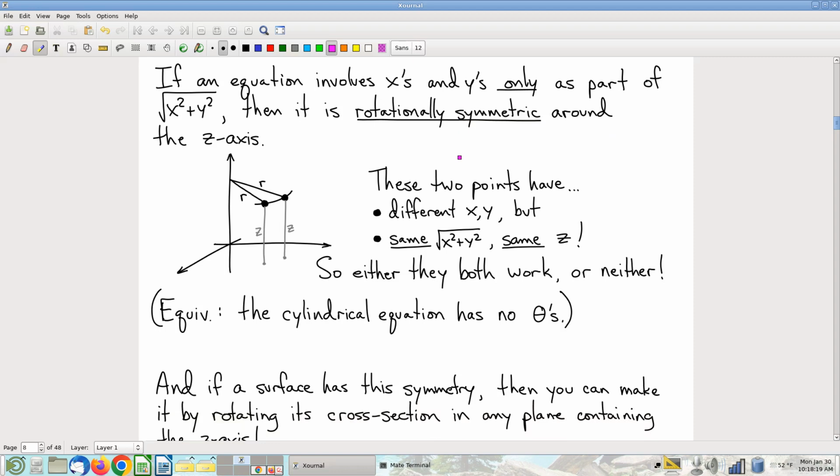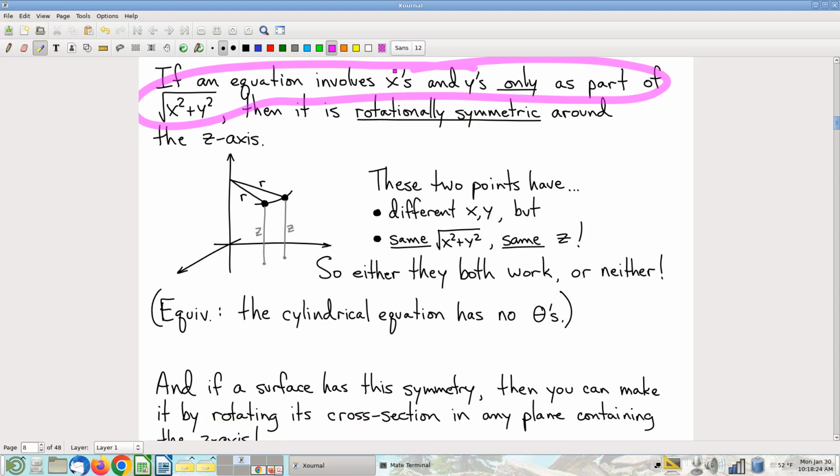Think about what happens if x and y appear only as part of that expression. And in particular, let's think about how this equation would convert into cylindrical coordinates. Now, when you convert, x is r cosine theta and y is r sine theta. And so you're like, all right, well, when I plug in for the x, thetas are going to show up as a result of that plugging in.